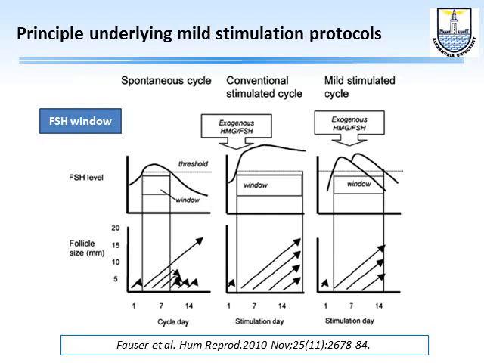While on the right panel, this is mild stimulation. Yes, you stimulate, but you don't open your window as much as in the middle panel. So this is the idea of playing with this FSH window, making it very wide or making it just wide enough to produce our 2 to 7 oocytes as in mild stimulation.